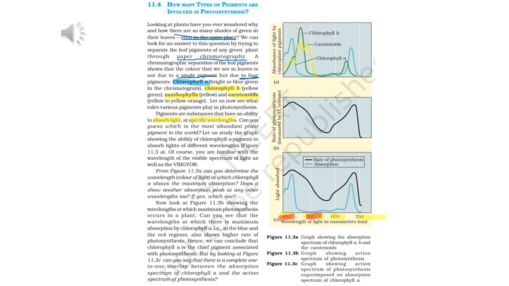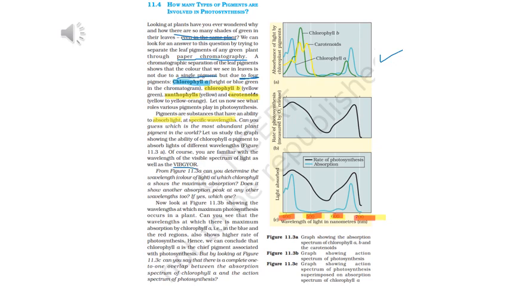Let us study the graph showing the ability of chlorophyll a pigment to absorb light of different wavelengths according to Figure 11.3a. Of course, you are familiar with the wavelengths of the visible spectrum of light as well as the VIBGYOR.